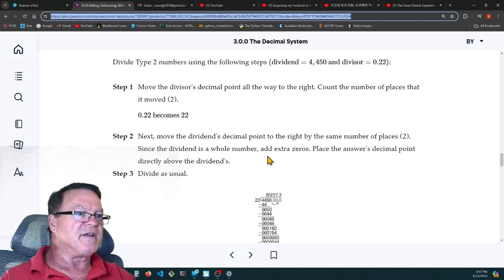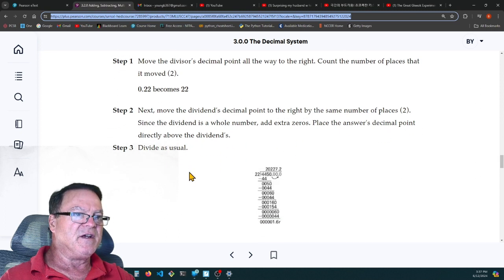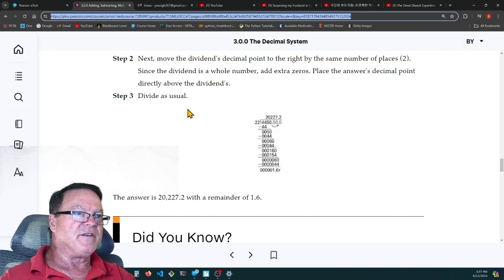Since the dividend is a whole number, add extra zeros. Place the answer's decimal point directly above the dividend's. Divide as usual. So here we have 4,450 divided by 0.22. We move that decimal point 2 places, add extra zeros, and then the decimal point goes right above the dividend's decimal point. And then you divide as usual.